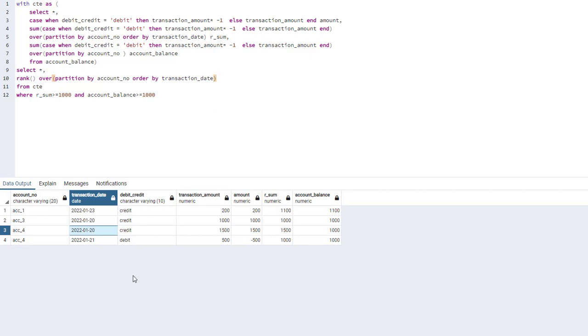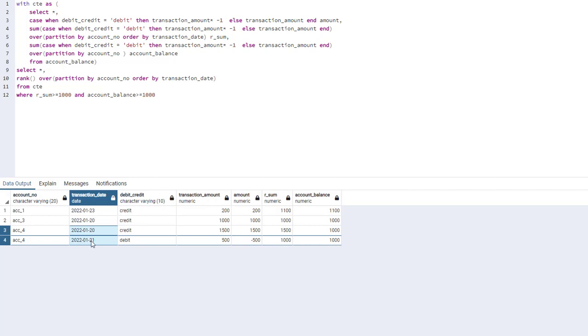What I'm going to expect here is, of course, the rank is going to be 1, and here I'm going to display 1, since we only have 1 row in each of those accounts. But since we have 2 rows here, I'm expecting rank 1 at the minimum date and 2 at the second. If you have more, let's say 5 dates here, it's going to be ranked by the date.